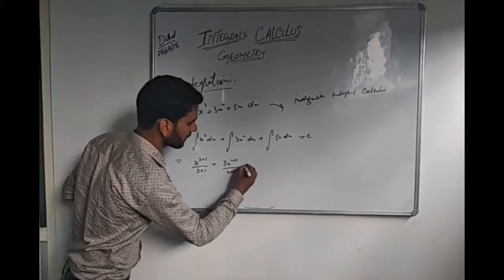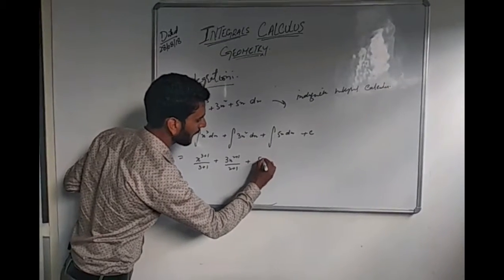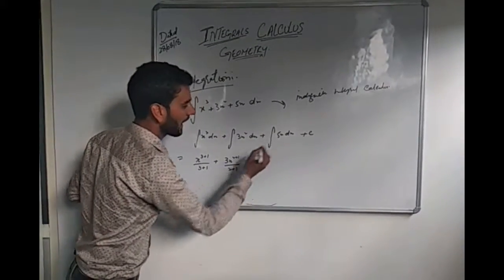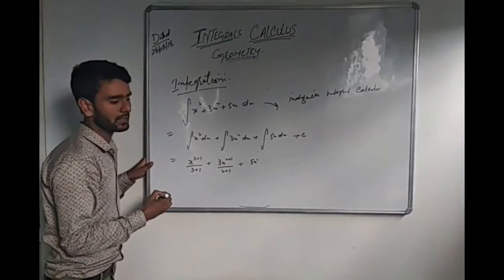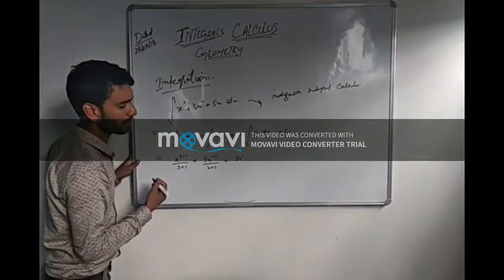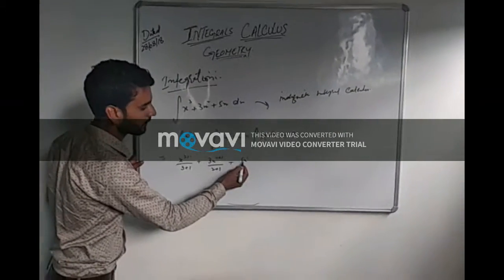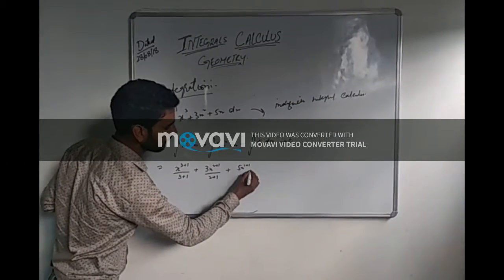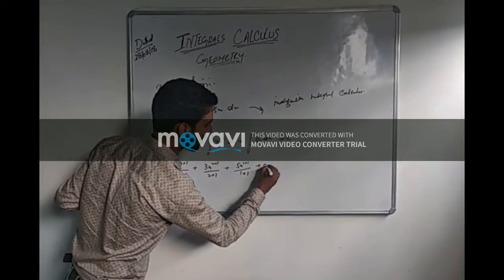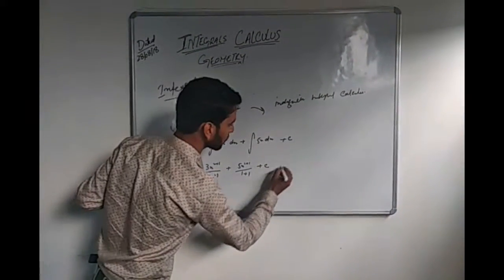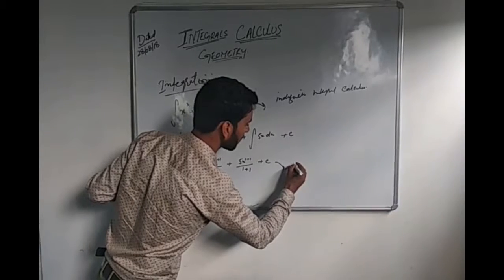The next is plus 5x. Here x is raised to the power 1; when nothing is seen on the power, it is 1. That means 5x to the power 1 plus 1, divided by 1 plus 1. And lastly, plus c, where c denotes the constant. It is any constant.